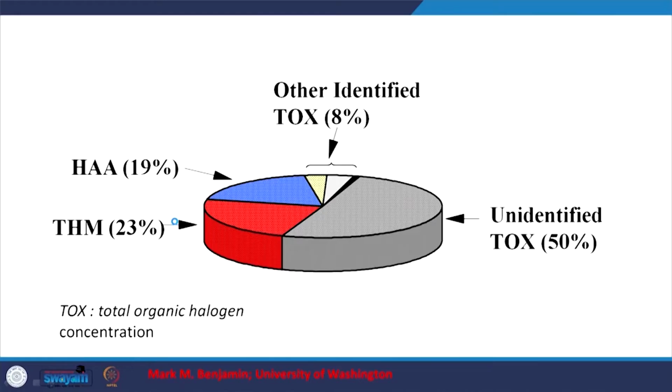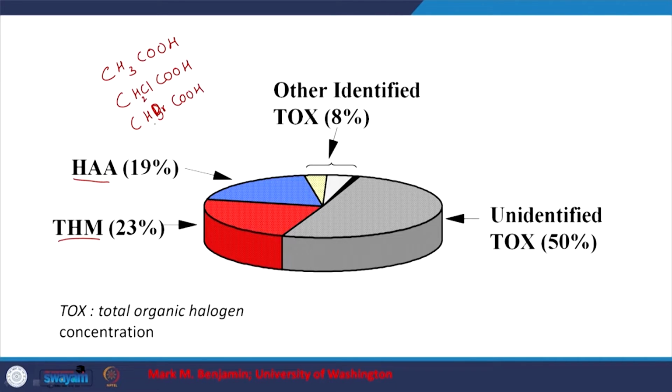So, types of DBPs: trihalomethanes, we looked at that, and haloacetic acids. Acetic acid is CH3COOH. In haloacetic acid, instead of H3 you can have CHClCOOH, right. I think you can even have CHBrCOOH, and so on, with different combinations.